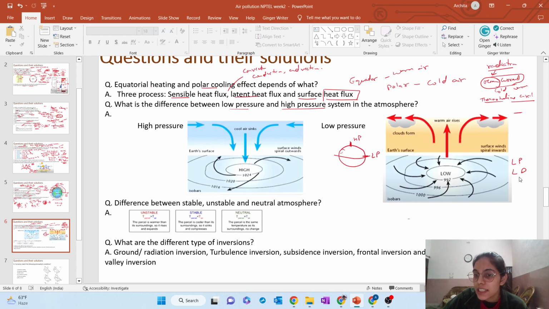If anything has low density, what happens? The air with low density will rise. Okay, so in the low pressure region, because of the low density of air, the warm air will start to rise, and this warm air will move in the cyclonic direction.